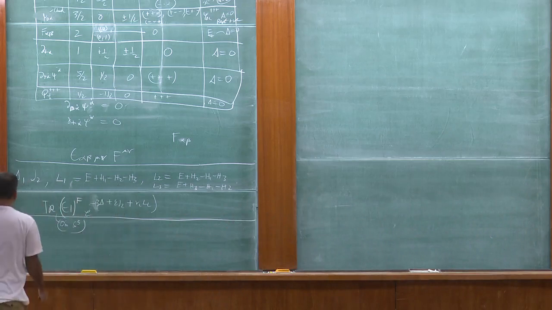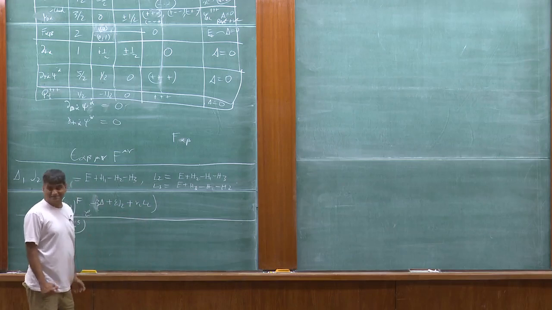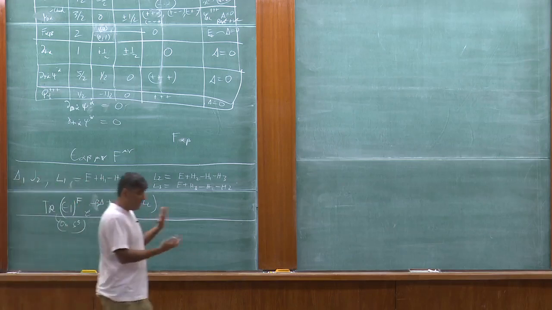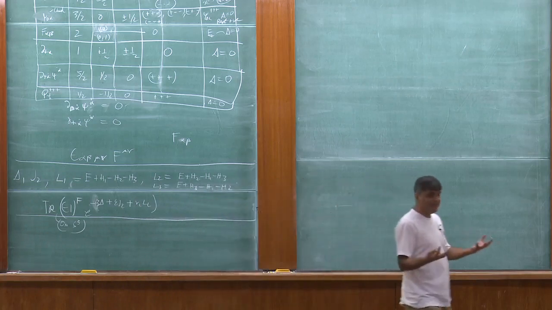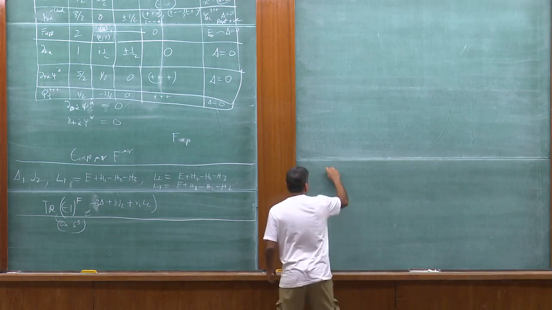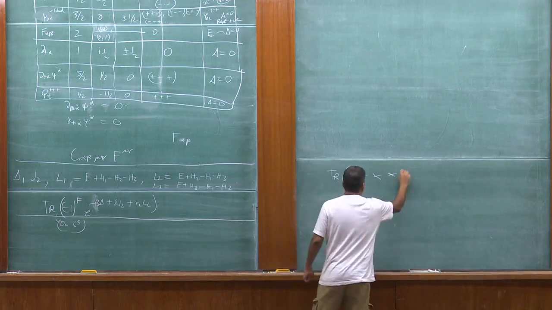Now, what I want to do is to compute this trace. I'm working in a free theory, so the set of gauge invariant operators are built like this. First, you have the trace of something, something, something.